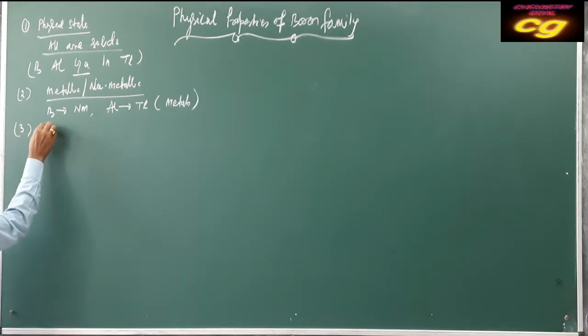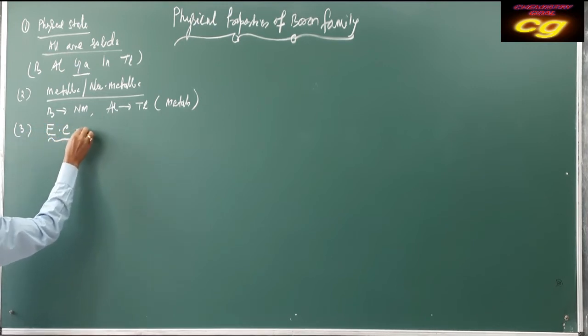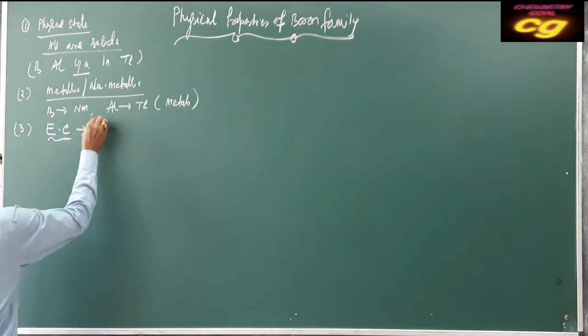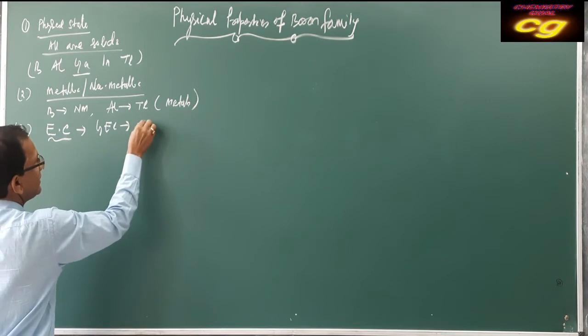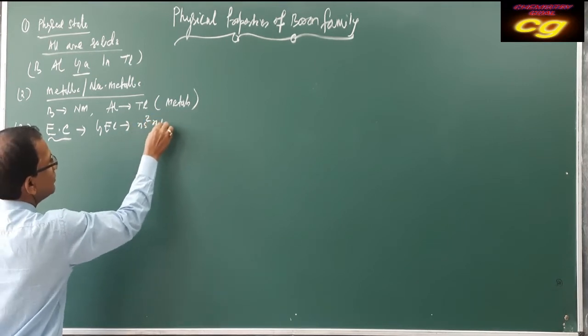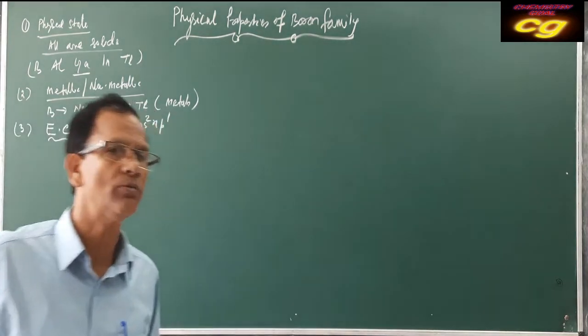Electronic configuration. The general electronic configuration is ns2 np1. It has 3 electrons in its outermost shell.